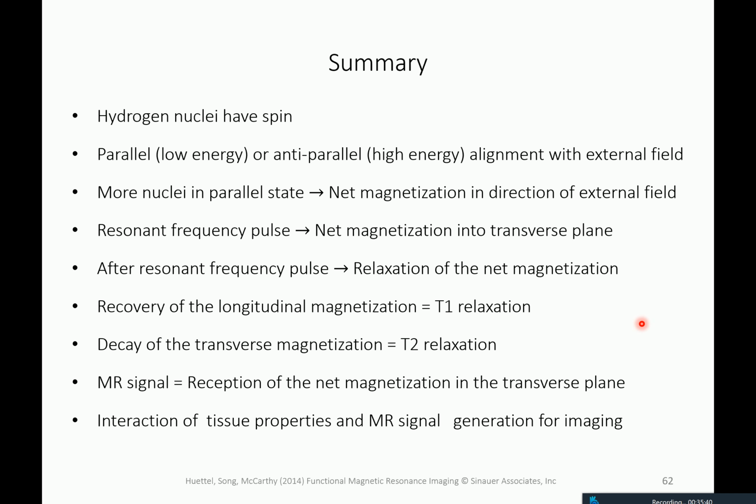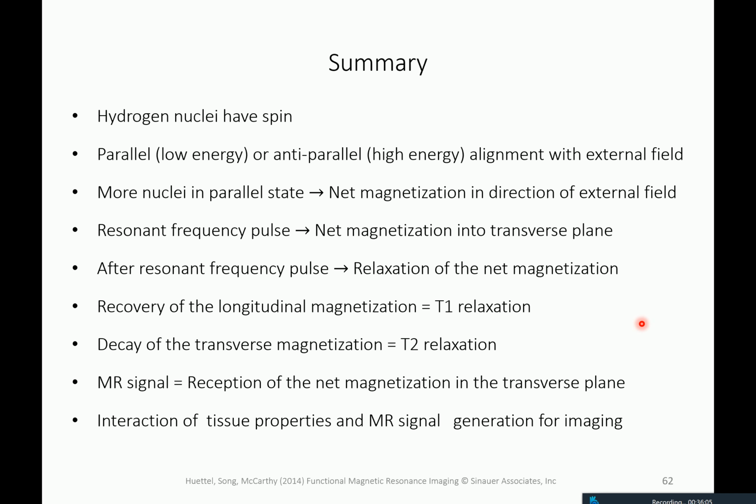In a way it would make sense to call this T2, but I don't want to confuse you, which I have already done. Why is this T1? It's the first thing that happens in time. Anyway, the other is the decay of the transverse magnetization, which is fast and is called T2, and which one can actually measure, because the MR signal is the net magnetization in the transverse plane.